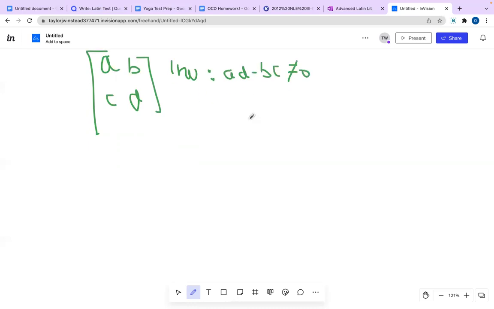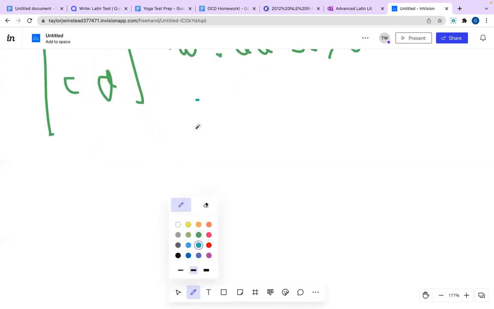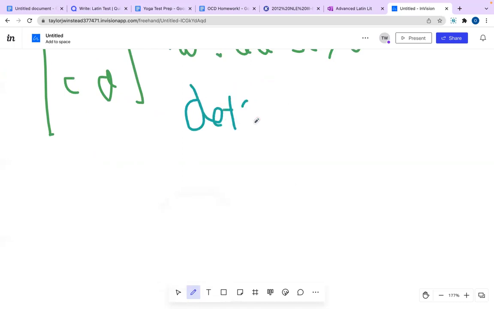AD minus BC is the determinant. The determinant of A is AD minus BC.